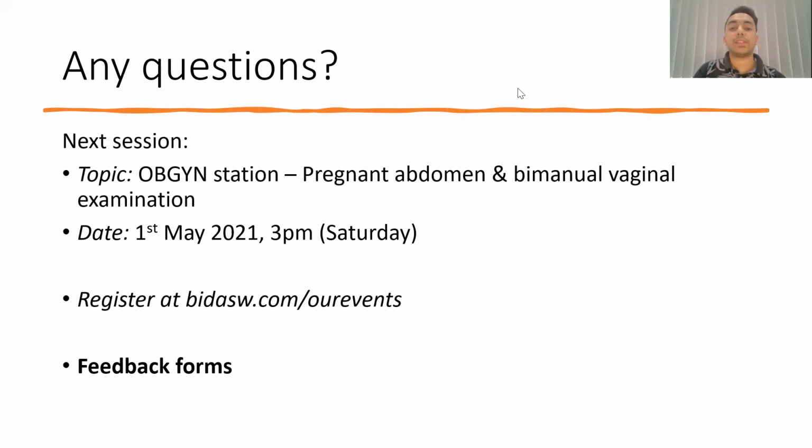Guarding is when they flex their abdominal muscles when you press on them. Rigidity is where they don't need to flex. It's just rock hard, and it doesn't go down even if you press on it or you do any other investigations. It would still remain rock hard until you treat the underlying cause.